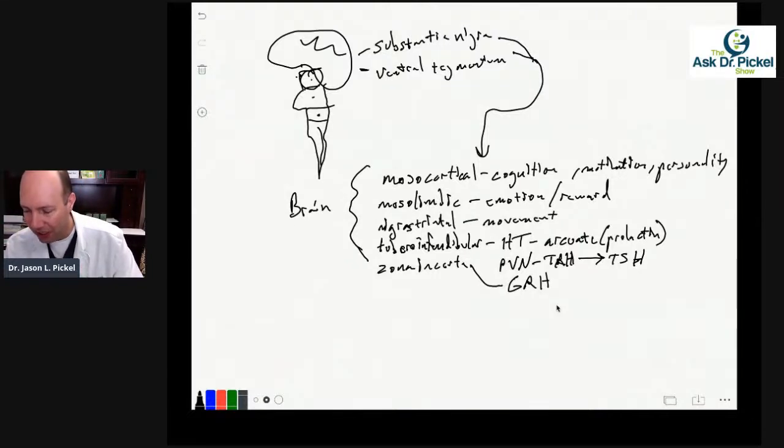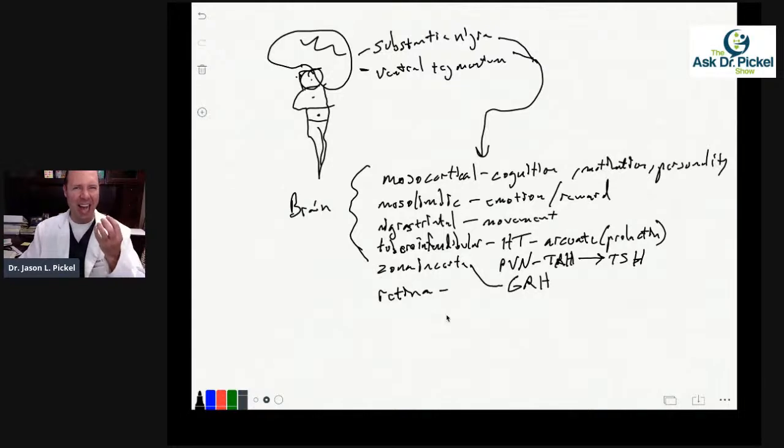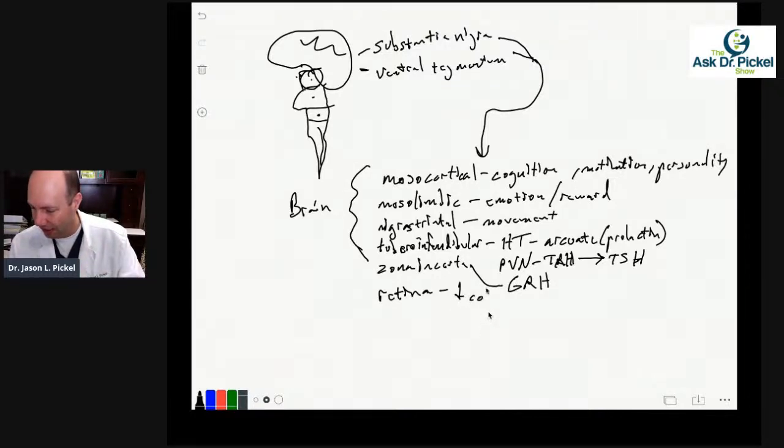And then another interesting area that dopamine is produced in is the retina. Yeah, the retina of the eye. What the heck is going on there? So what happens when people have low dopamine? They will notice decreased colors or contrasts.